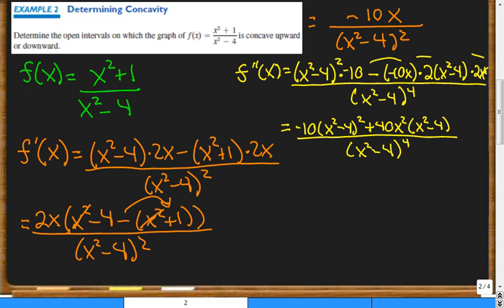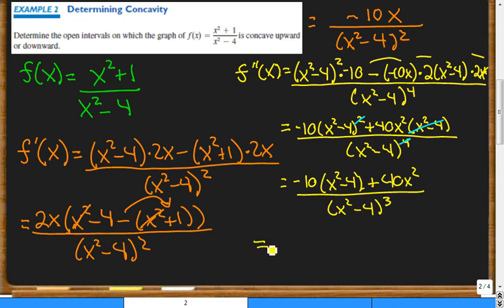We can go ahead and cancel one of each of these. And so what we're left with is negative 10 times x squared minus 4 plus 40x squared over x squared minus 4 cubed.